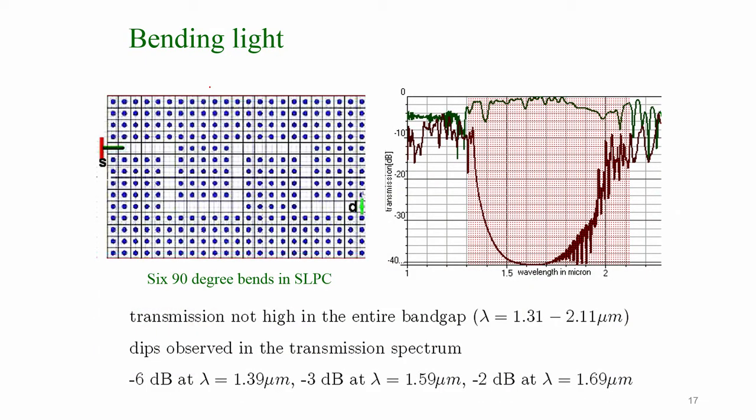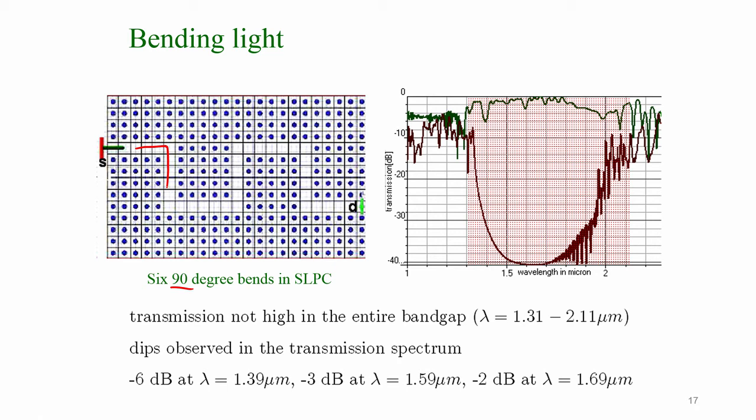This is an example of another device made using photonic bandgap structures, the bent waveguides. In this particular case, a line defect is created by removing the holes in this region. These are all 90 degree bends formed by using this configuration.